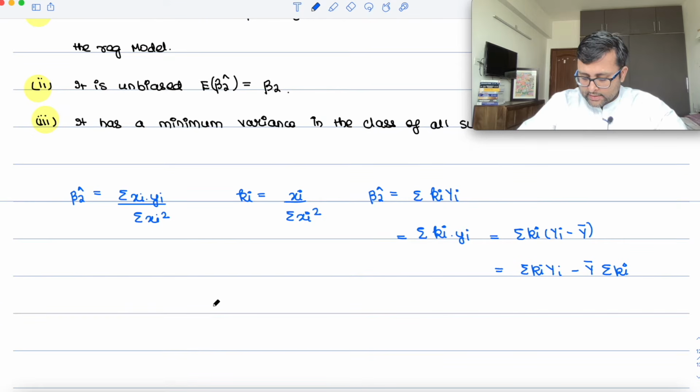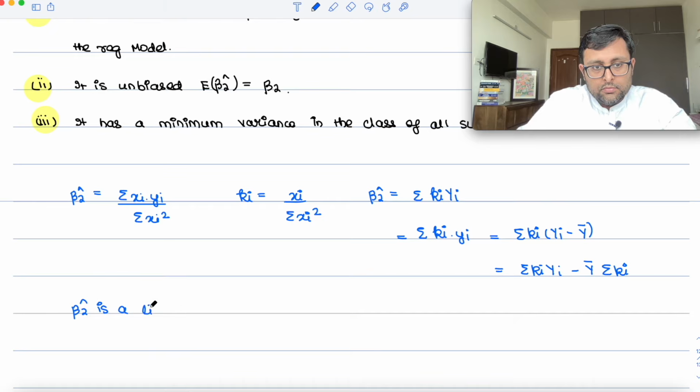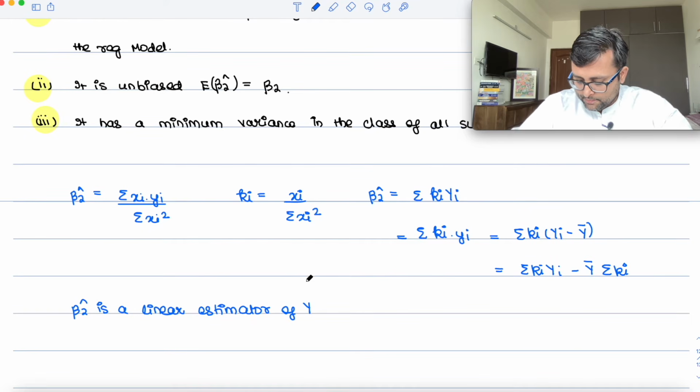So you can say that beta 2 hat is a linear estimator of y, right?